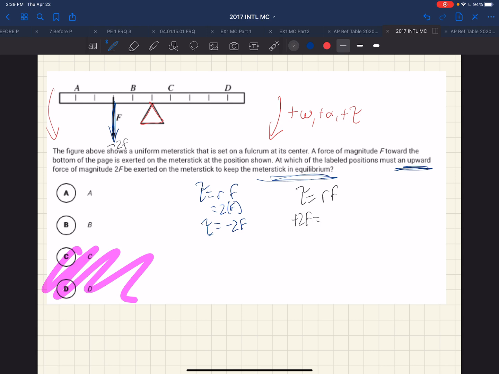And R, we don't know, but we're told the force must be 2F. 2F times R must equal positive 2F, so R must equal 1. If we apply 2F at this location, then we will bring it into equilibrium, and that location is B.